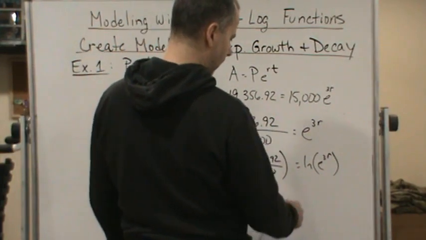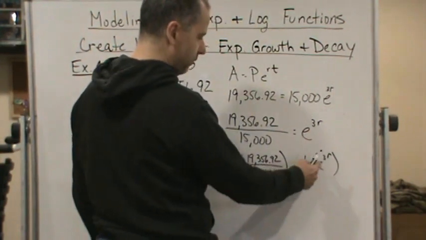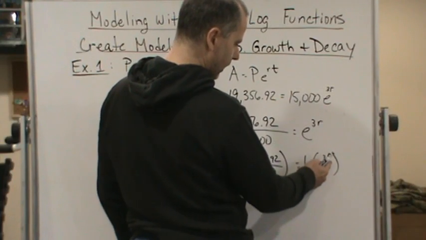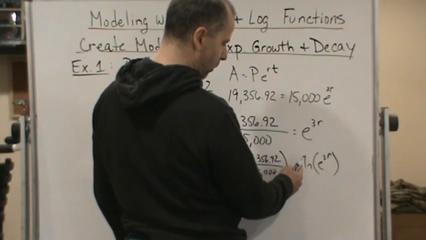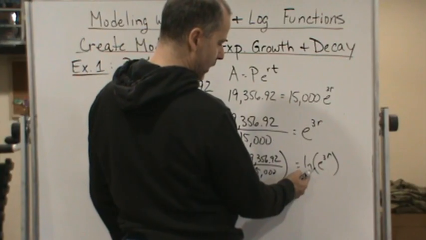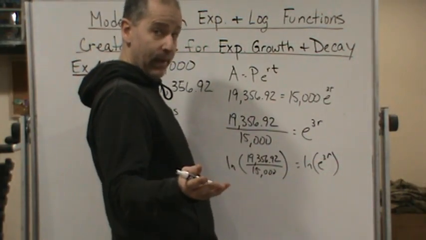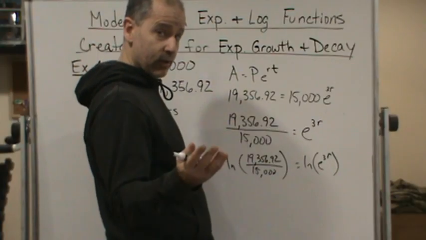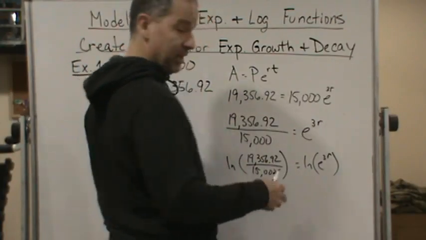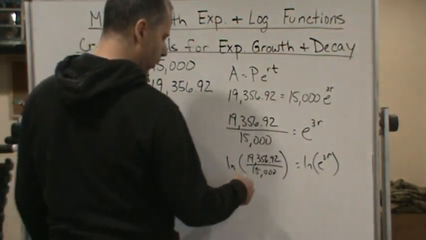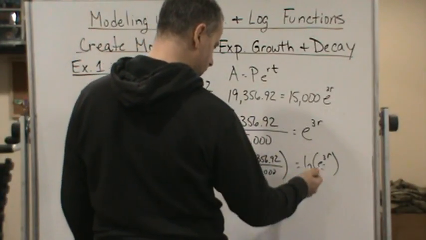Or you could use the other property of logs that pulls out the exponent, and then use the fact that the natural log of e is 1. So either way, you get the same answer. You can use different properties to get to the same results, so whichever one you are comfortable with, whichever one you notice right away, that's fine.